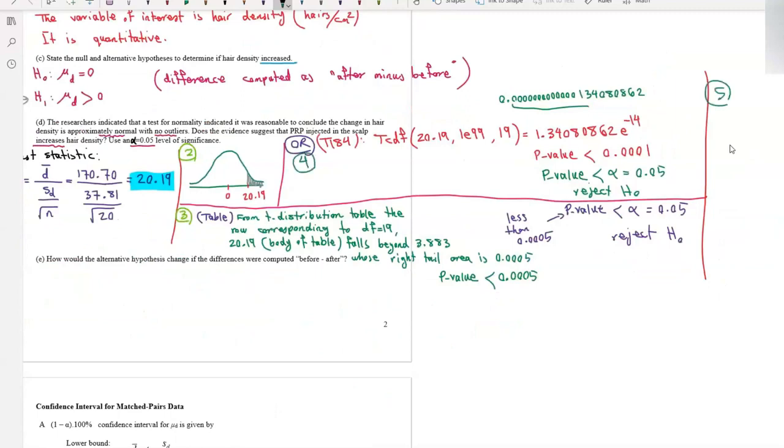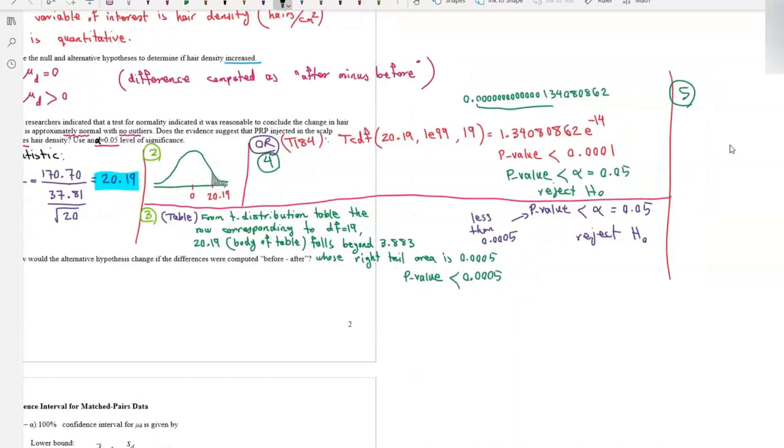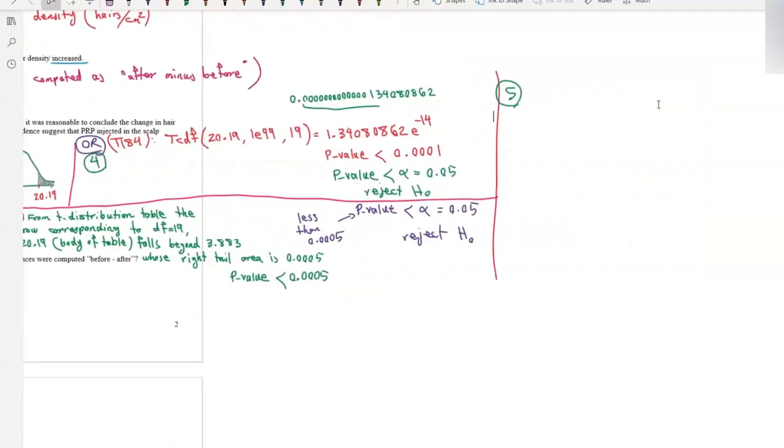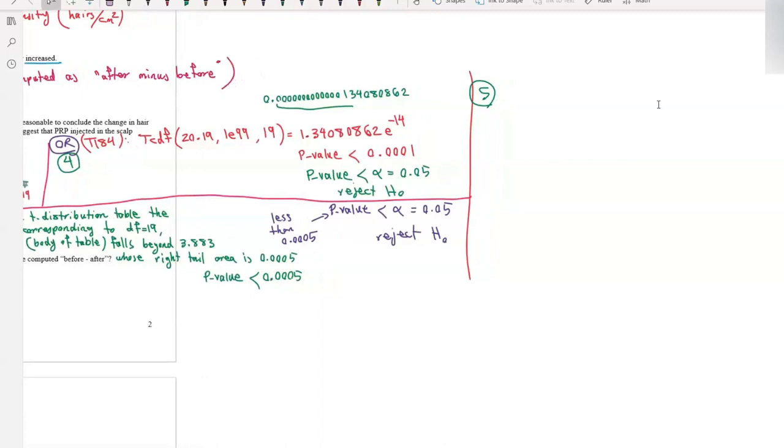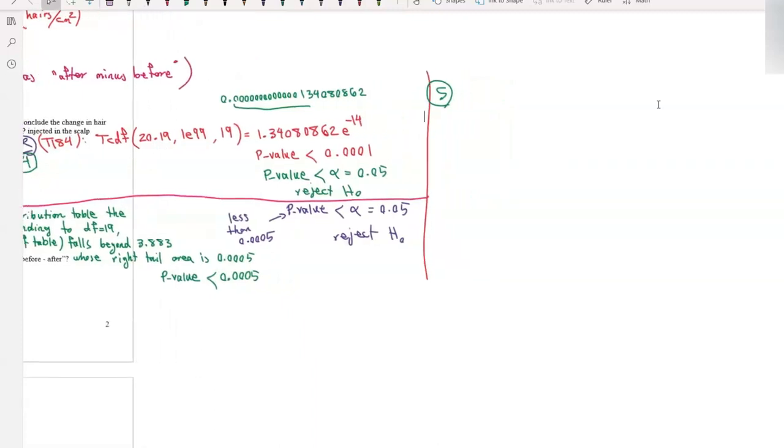And now here, I want to write the conclusion based on what we decided. So we rejected null, meaning that we have sufficient evidence, and our alpha was 5%.